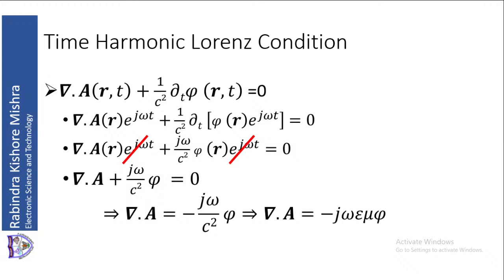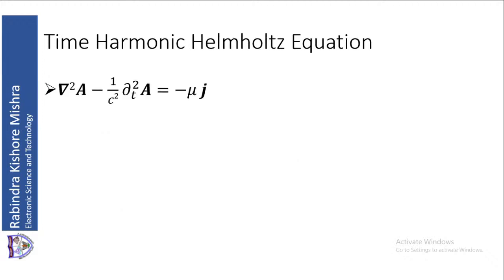Now once we know that, let us look at the time harmonic Helmholtz equation for the vector potential. We know that when we apply the Lorenz condition, the vector potential obeys the Helmholtz equation.